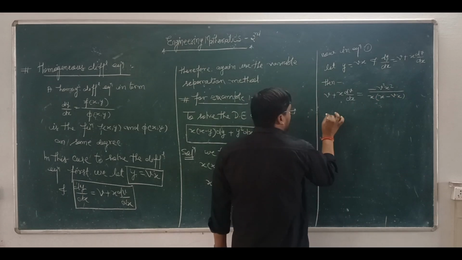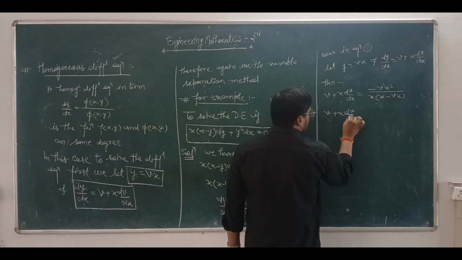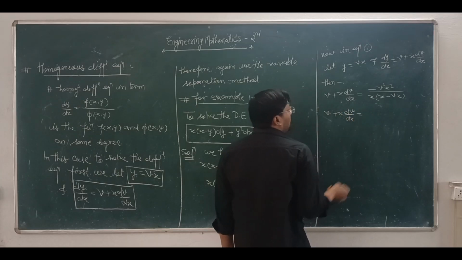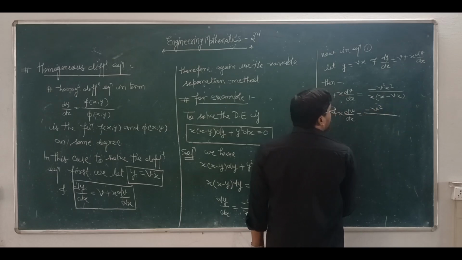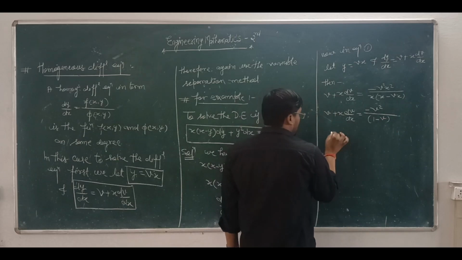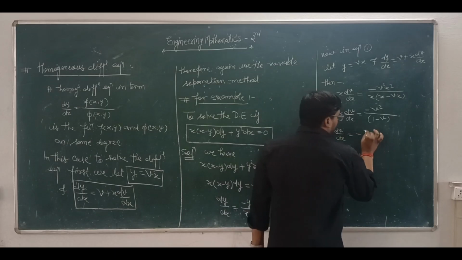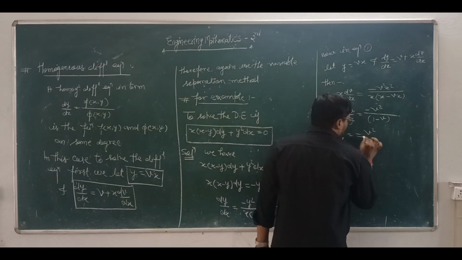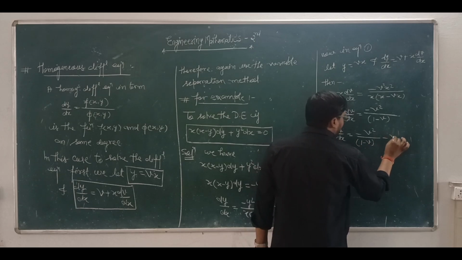Now you can write v plus x dv upon dx is equal to minus v square upon 1 minus v. Now x dv upon dx is equal to minus v square upon 1 minus v minus v.